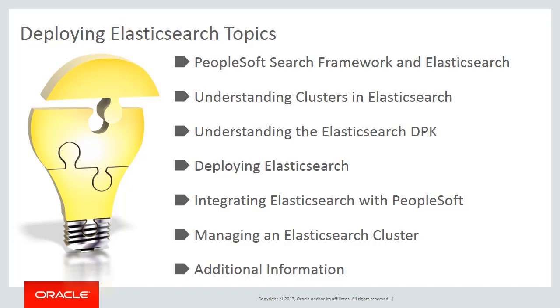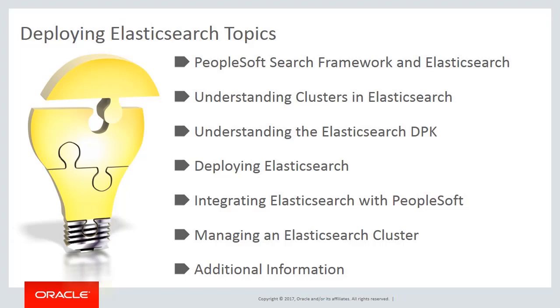In the Understanding Elasticsearch DPK topic, we'll describe how to obtain the Elasticsearch DPK and describe some of the software components it contains. In the Deploying Elasticsearch topic, we'll describe the Elasticsearch deployment process, the individual deployment steps, and how to verify the cluster setup.